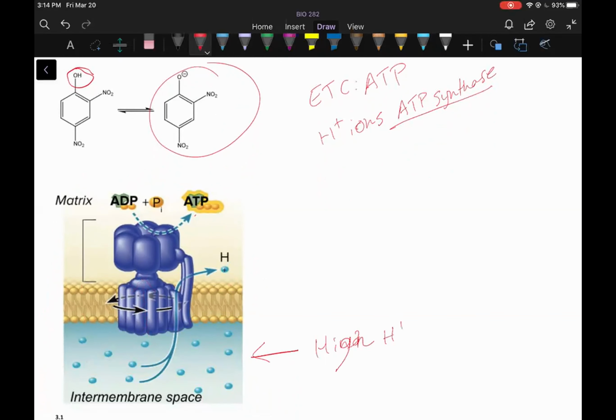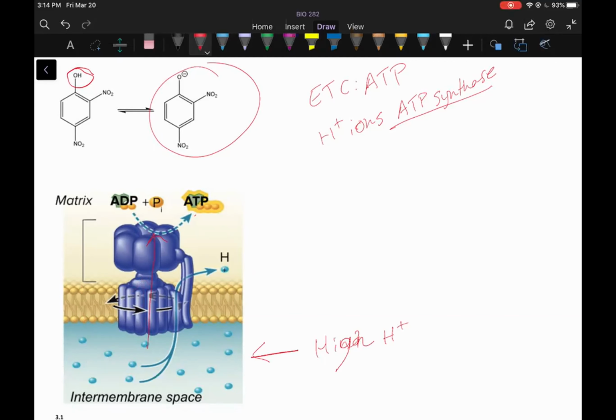Ultimately, in a normal cell, those hydrogen ions will go through ATP synthase, and it acts like a molecular motor, and it rotates, and it helps in the formation of ATP. So going from ADP to ATP, right? So we need those hydrogen ions to go through that enzyme.